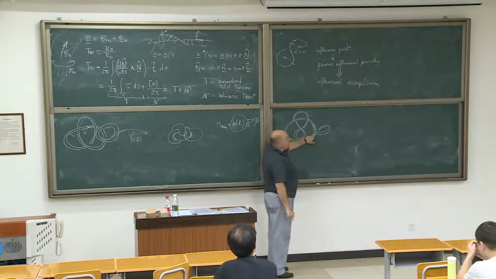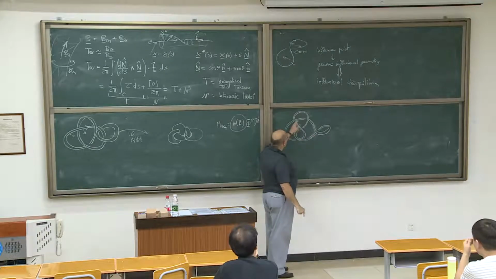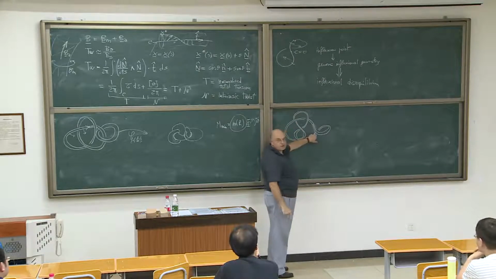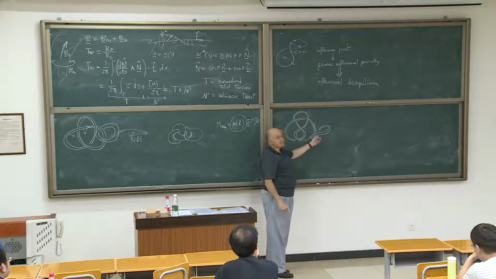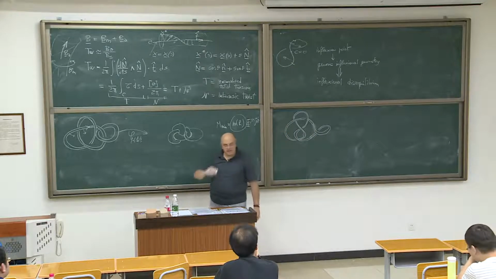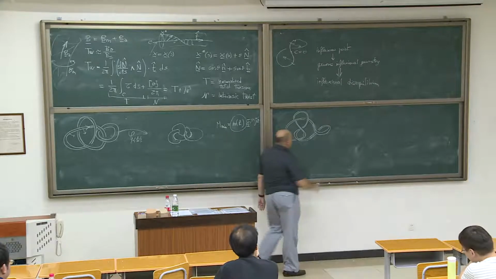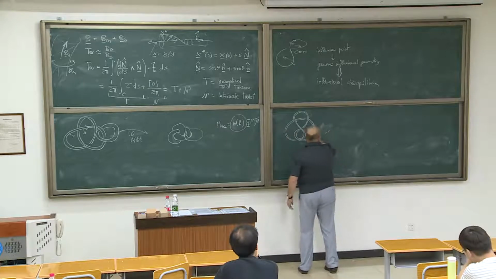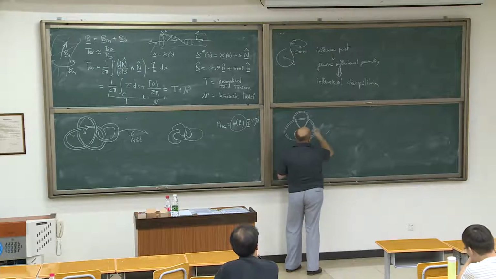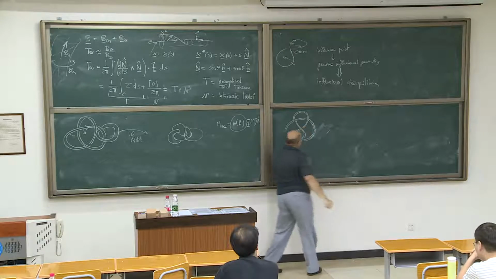So you see, I have one more crossing. It looks like a 1, 2, 3, 4, 5 crossing knot. But this, you understand very well, can be reduced, removed by a twist move. And if I do a twist move to this, I get this.